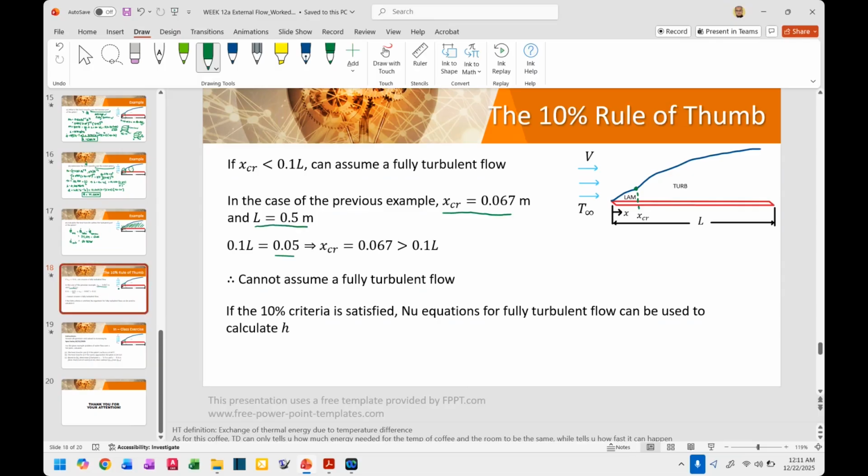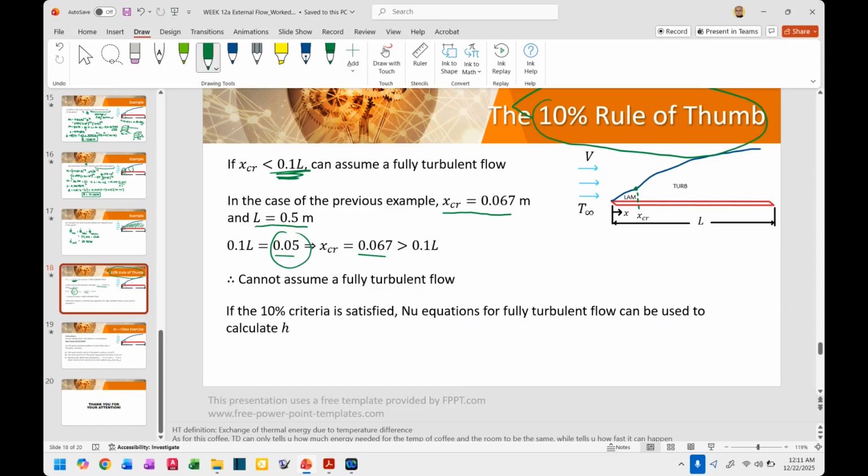But your critical length is 0.067, so that is more than 0.05, and that's why you cannot use this rule of thumb. 10% is the rule of thumb, 10% of the entire length. If the critical length, meaning the laminar regime, is less than that, then you can assume that all the flow regime is turbulent.